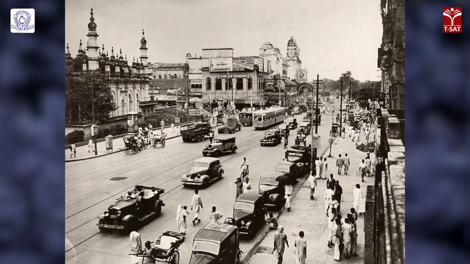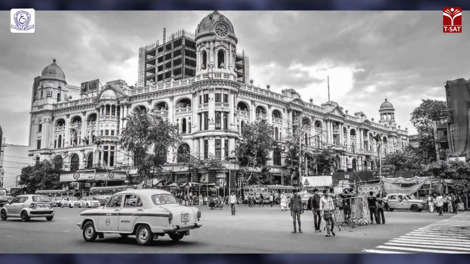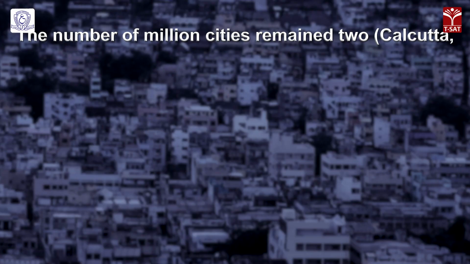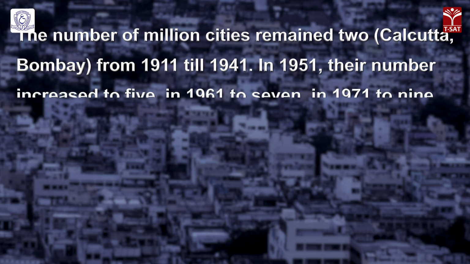According to the census of 2011, there were 53 metropolitan urban agglomerations or cities in the country with a population of 1 million. In 1901, there was only 1 million city, namely Calcutta, now Kolkata. The number of million cities remained 2, that is Calcutta and Bombay, from 1911 to 1941. In 1951, their number increased to 5.